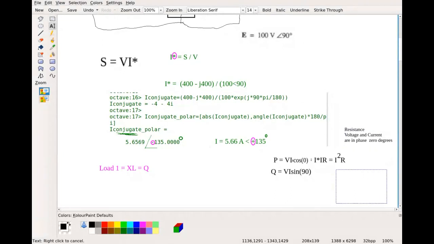Okay, and so when we talk about a reactance, the voltage and the current are 90 degrees out of phase.